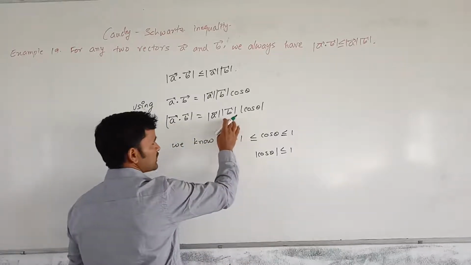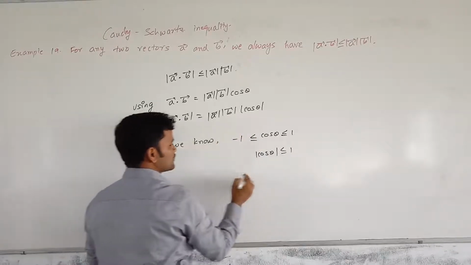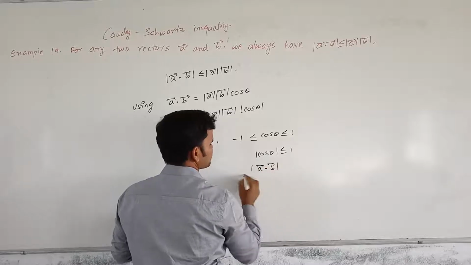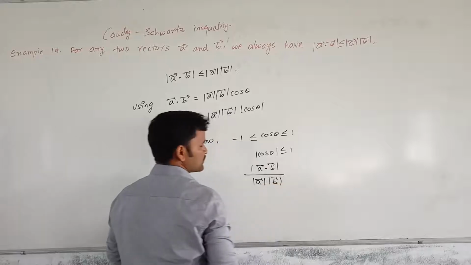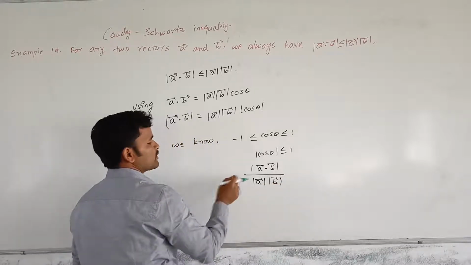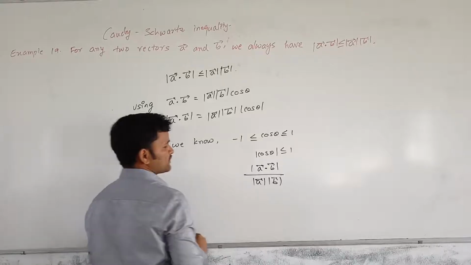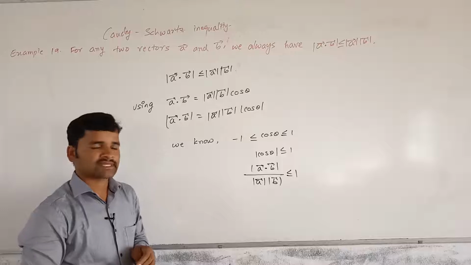Then using this formula, modulus of cos theta is equal to modulus of A dot B divided by magnitude of vector A into magnitude of vector B. This is again less than or equal to 1.